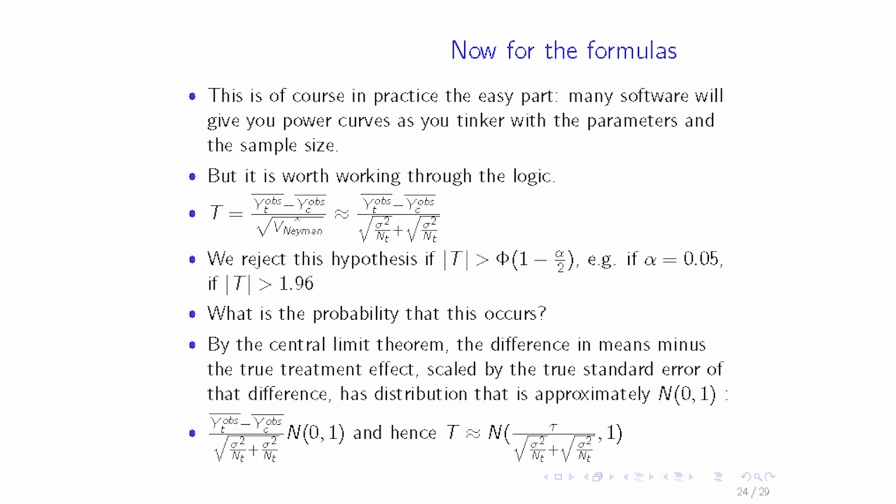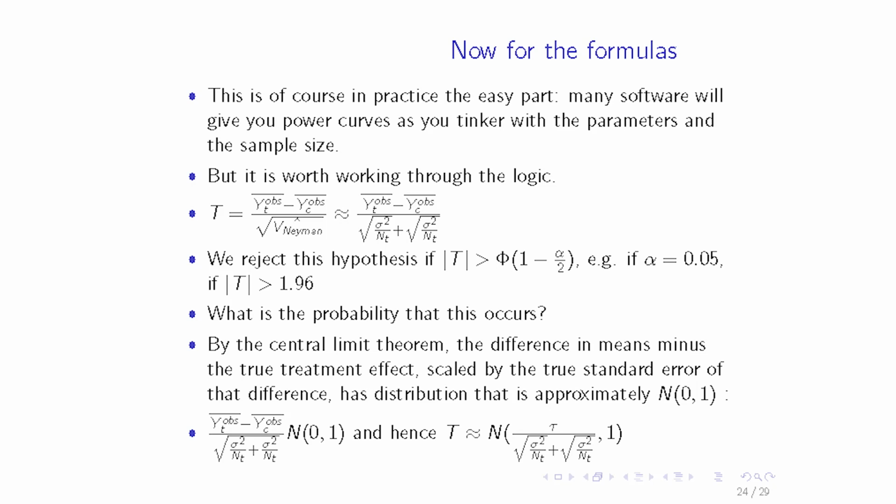As a practical example from our statistics lessons, our test statistic for the hypothesis that the treatment has no effect, remember, is the observed difference in average outcomes divided by our best estimate of the standard error, which is approximately the observed difference in outcomes divided by the square root of the true sigma squared divided by n_t.